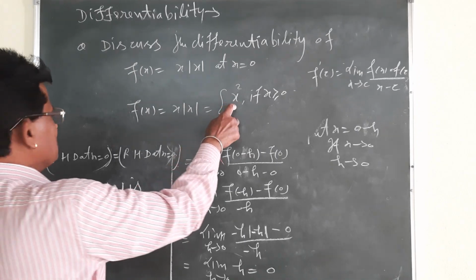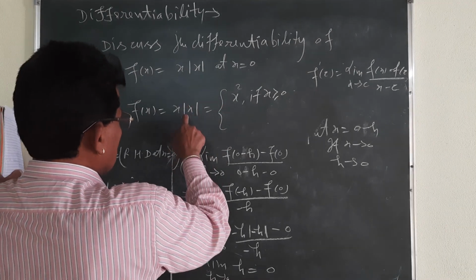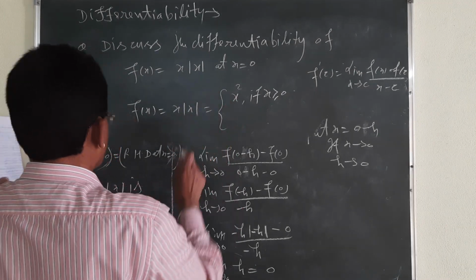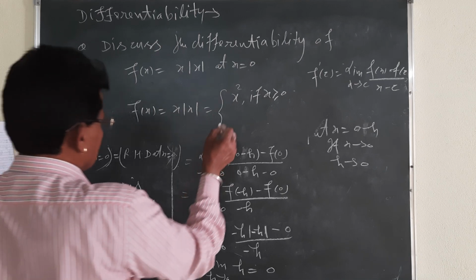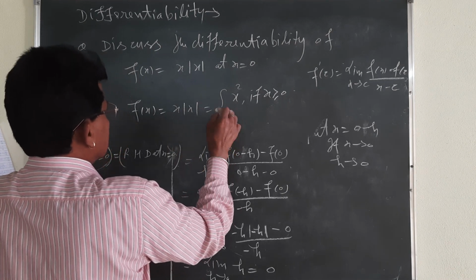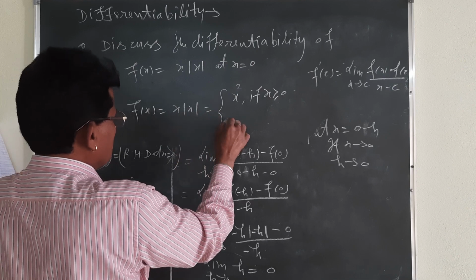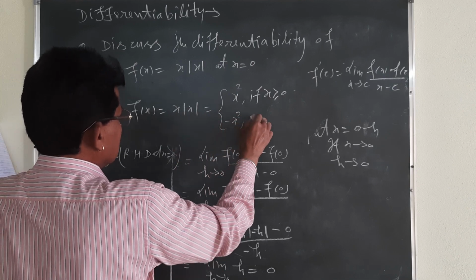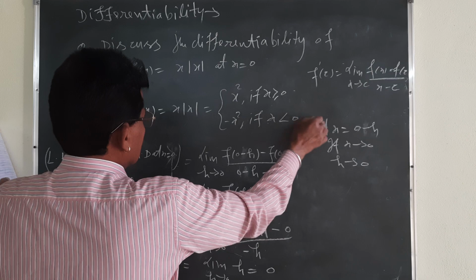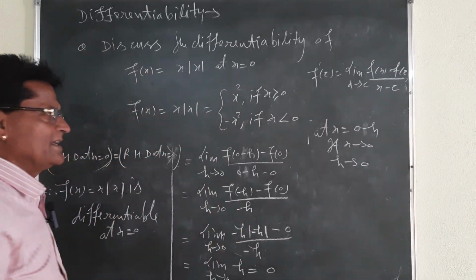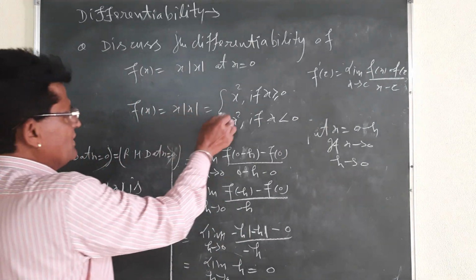The absolute value of x will be x, so x into x means x square. Next, you take x and in place of absolute value of x it will be negative, so minus x square, if x is less than 0. Like that you can also generate the function.